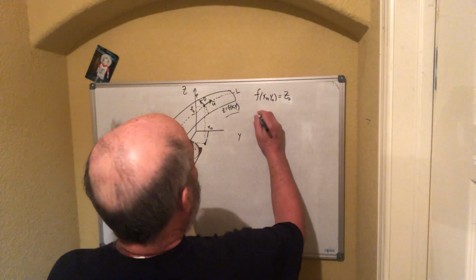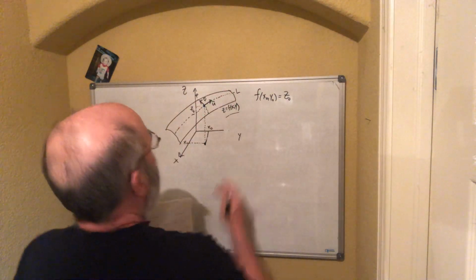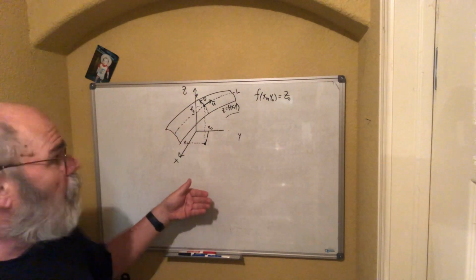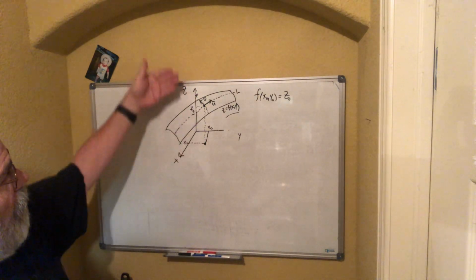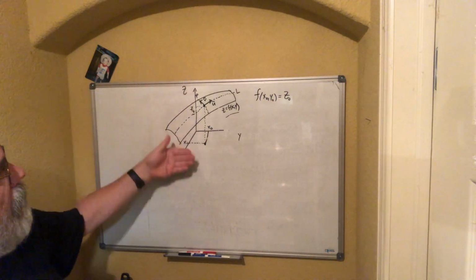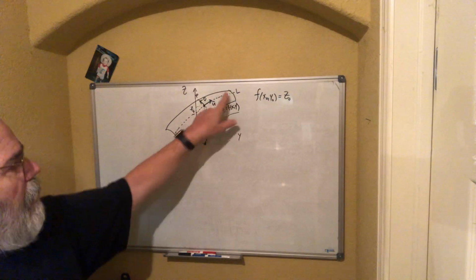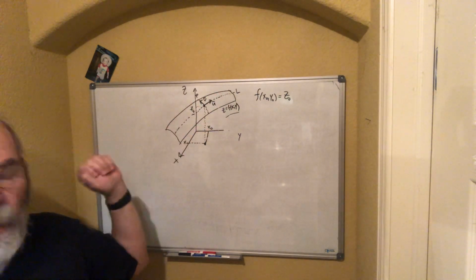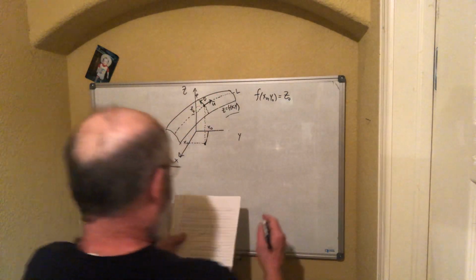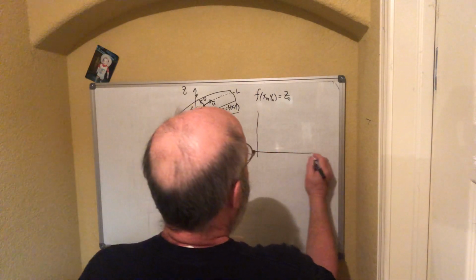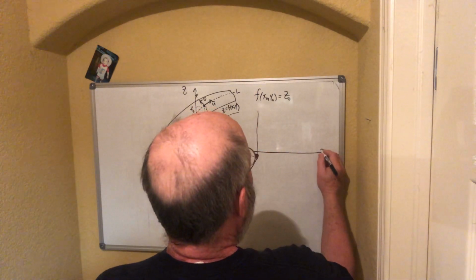So anyway, let's go ahead and think about taking a vertical trace. Remember that word? Let's think about the vertical cross sections of this curve that contains this curve L, and see what it looks like. Okay? So anyway, we'll have a set of axes.